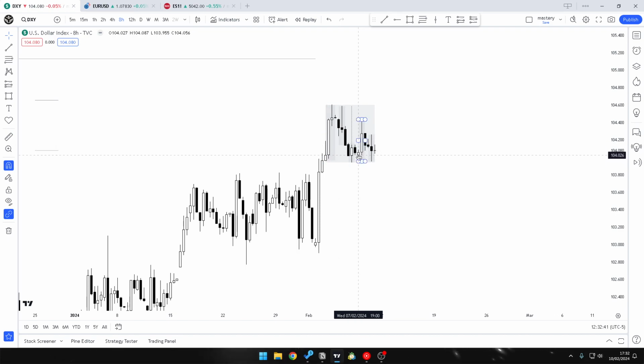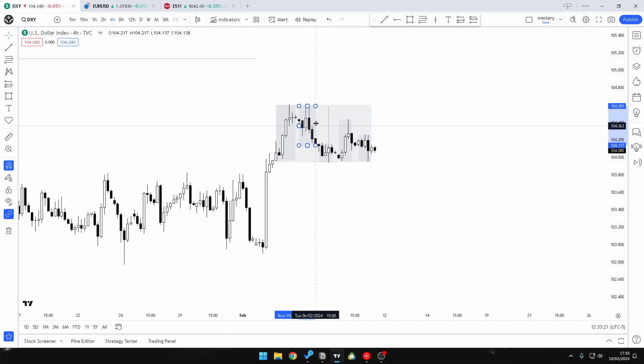On Thursday we have the first third make the low of the day, delivery higher, making the high of the day on the second third of the day, and then this is followed by an inside candlestick on the third third of the Thursday candlestick. On Friday, even in an inside candlestick, we have the middle third, so the second 8-hour candlestick, make the high of the day, which is then followed by making the low of the day, and then on the third 8-hour candlestick of the day, we had price consolidating.